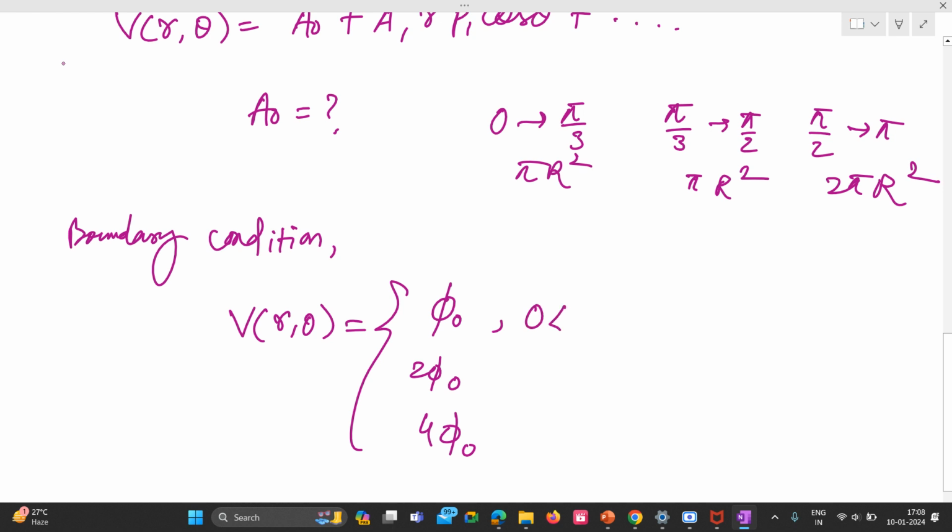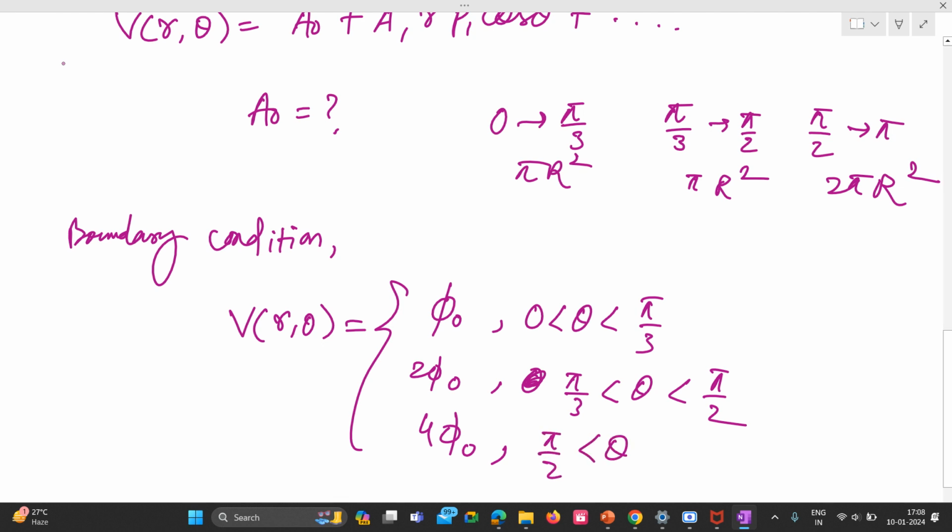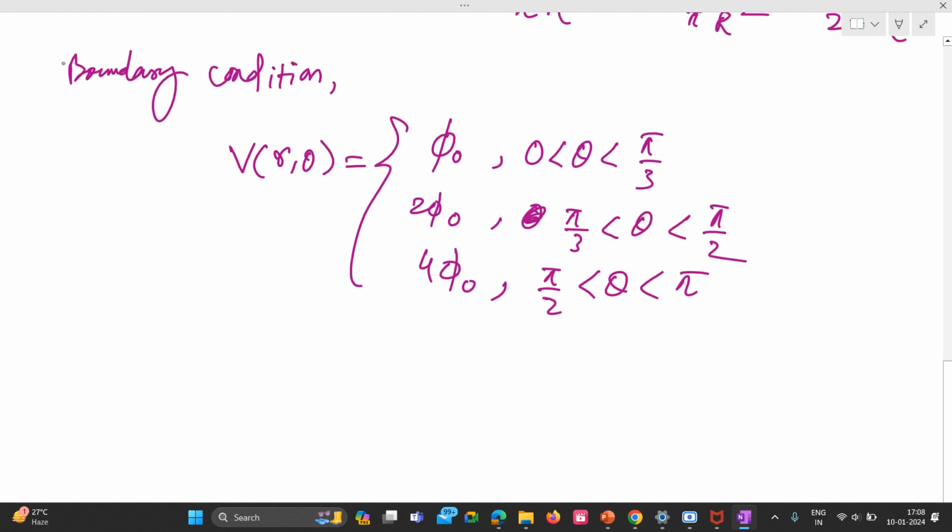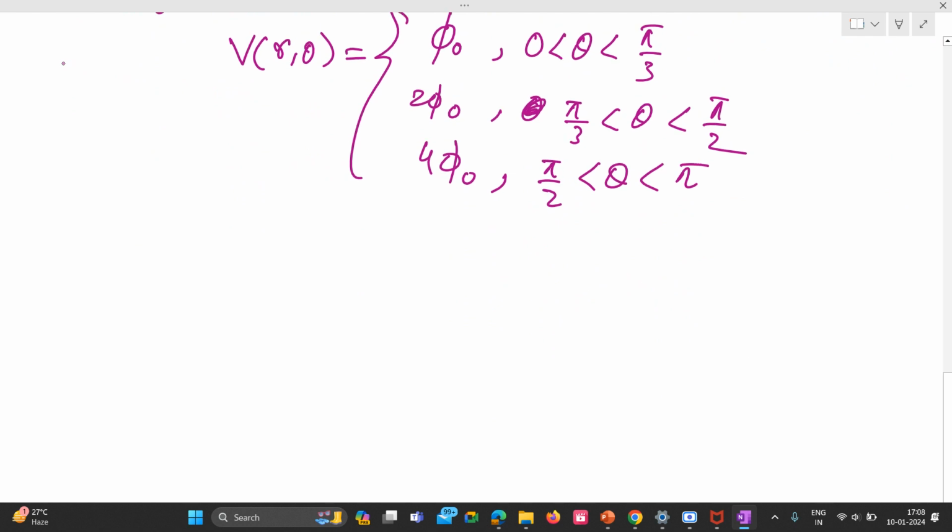This is for theta 0 to pi by 3, then pi by 3 to pi by 2, and this is theta pi by 2 to pi. All right. So V(r, theta), as we know, is equal to the summation of A_alpha r to the power alpha P_alpha cos theta.